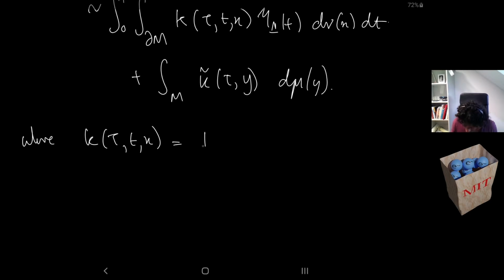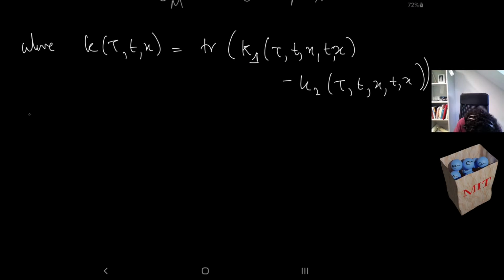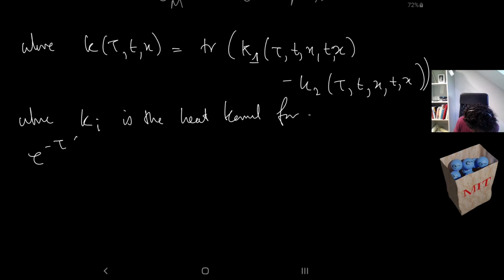equal to the trace of K1 t x t x minus K2 tau t x t x, where the K_i is the heat kernel for e to the minus tau Laplace I, right?